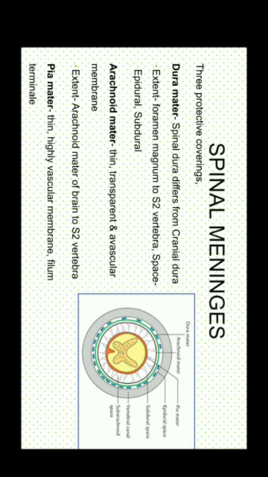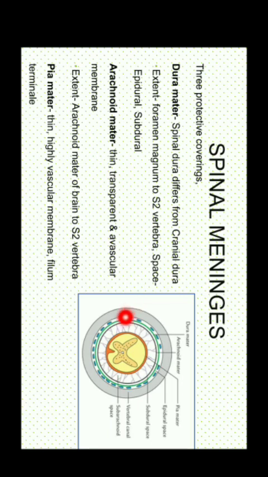Now this cut section of the spinal cord shows the meninges surrounding it. This green colored part on the outside is the dura mater, and you can see the small venous channels. Those are in the epidural space.